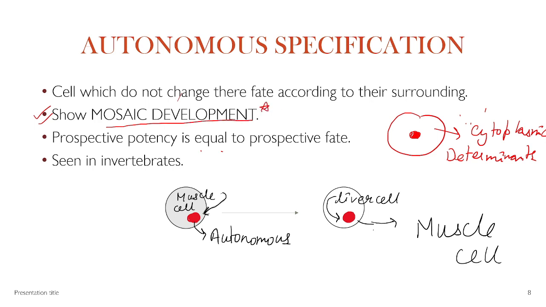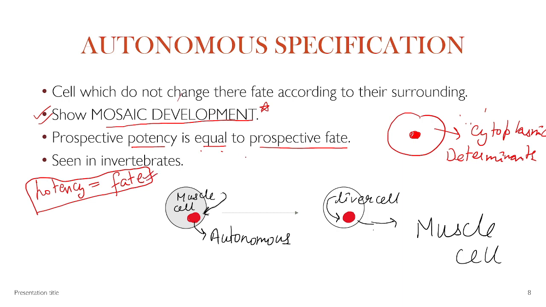Again, very important, it has been asked. Prospective potency here is equal to its prospective fate. So potency is equal to its prospective fate, like there is no change. जो उसकी सेल की पोटेंसी थी, जिस टाइप का सेल बनने का, तो वही उसका फेट रहेगा.